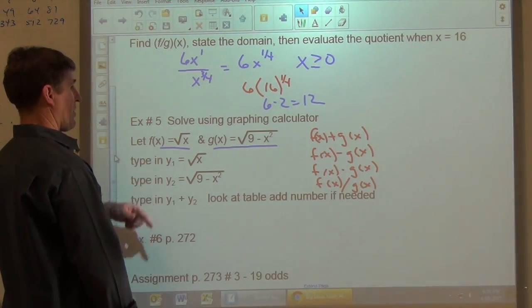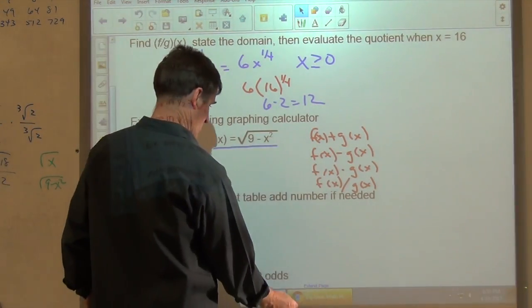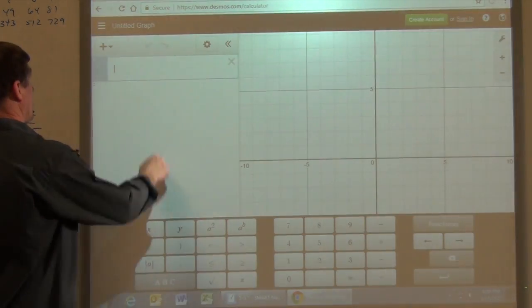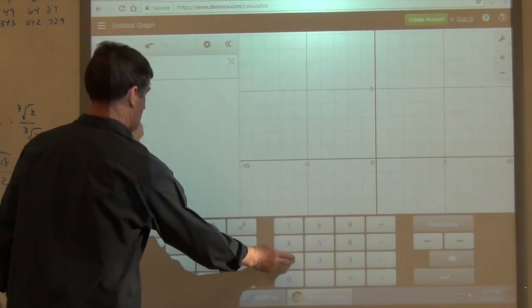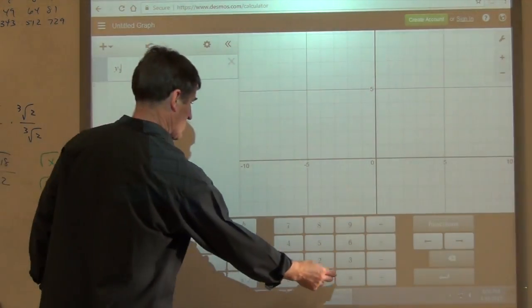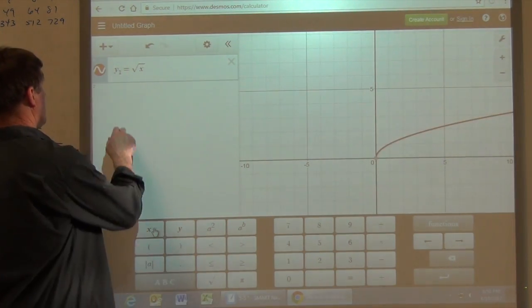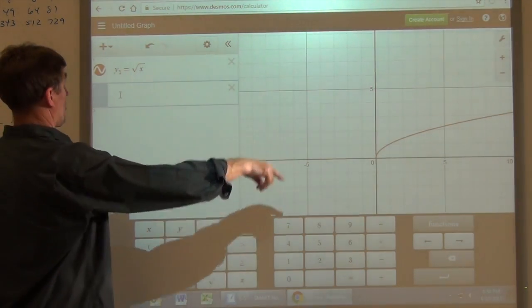So we go to the graphing calculator. And we're going to put in for the first function, y sub 1 equals, and that was the square root of x. And then for the second one, so it gives us our graph.